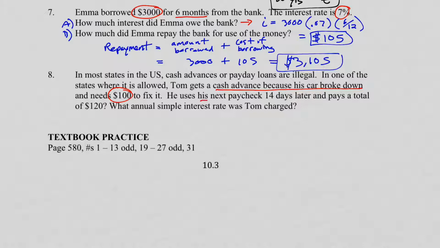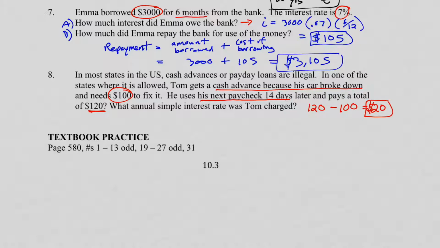He has to have proof of income, and they're going to use his paycheck 14 days later to not only pay back the $100, but as you can see from the 120, they're charging him $20 to borrow this $100. He only borrowed 100, so it's pretty clear that they are making $20 off this transaction.